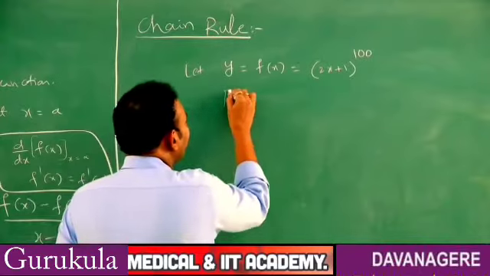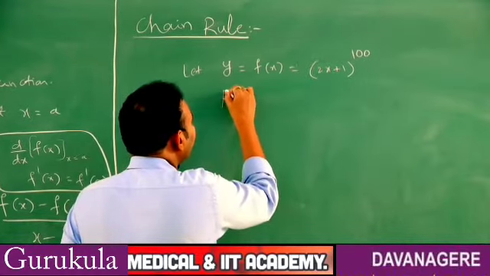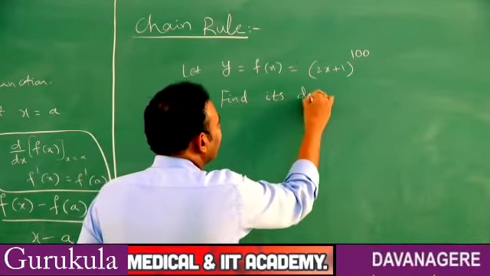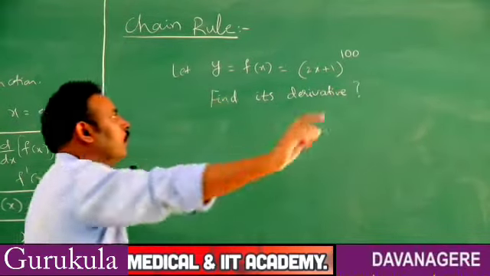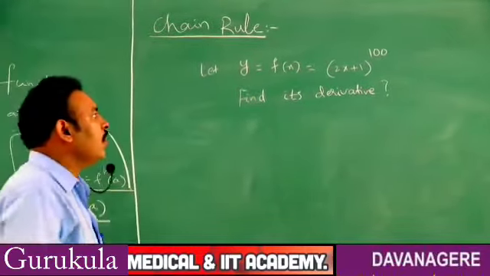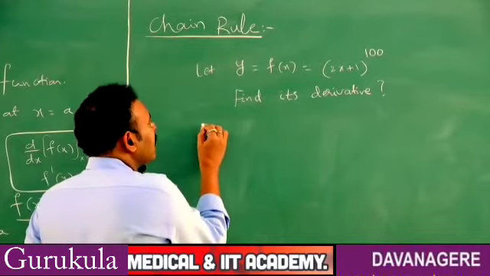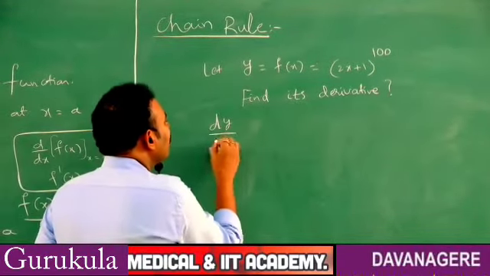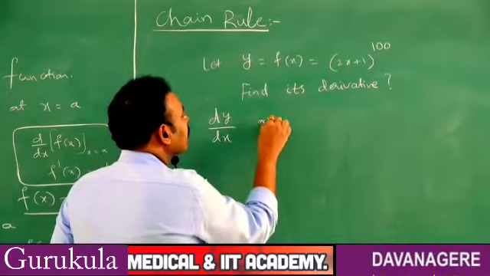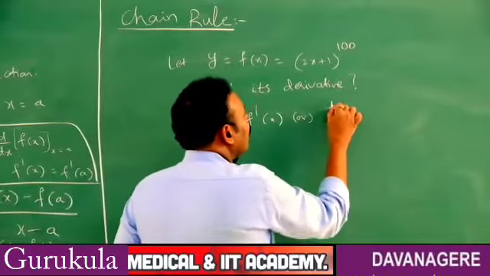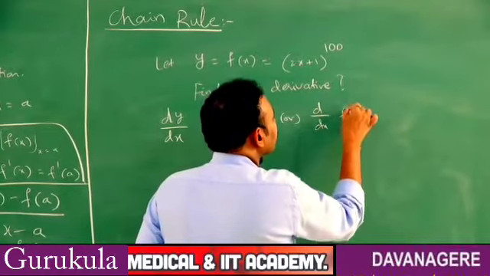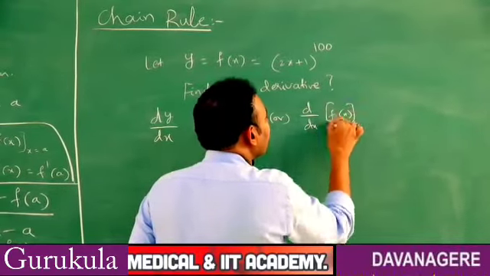Find its derivative, students. Y is equal to f of x is a function. Its derivative is dy by dx or f dash of x or d by dx of f of x.